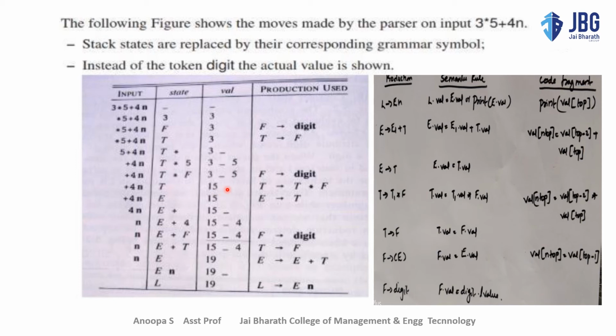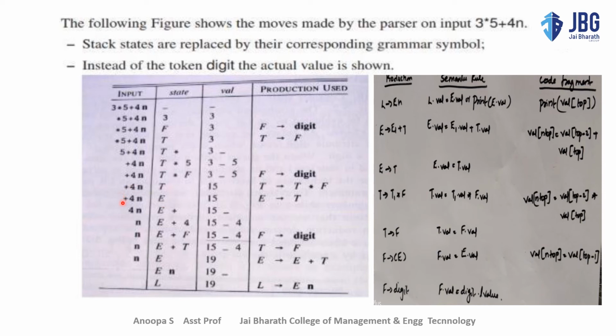Okay, then again after this, what is the next symbol? After performing this, whenever I have a T over here, I have to write E giving T. That is why I have written E giving T, and the state has changed from T to E. We are doing the bottom up evaluation. That is why we have written T is replaced by E here, right?